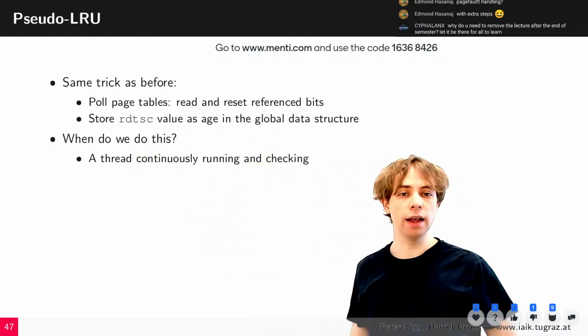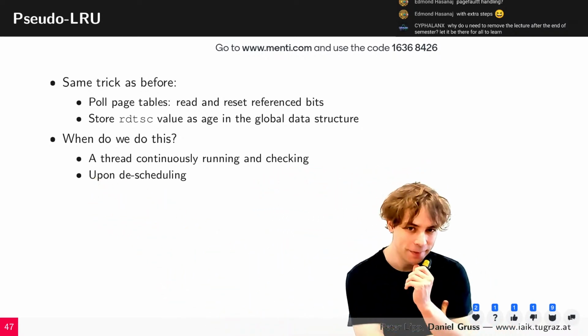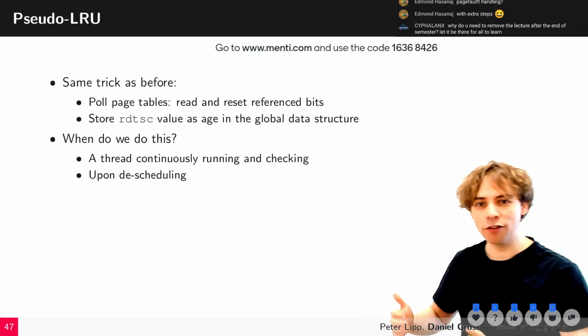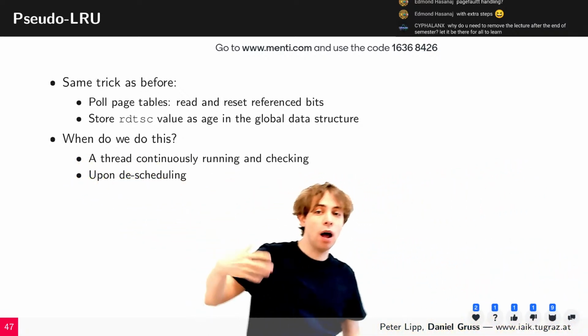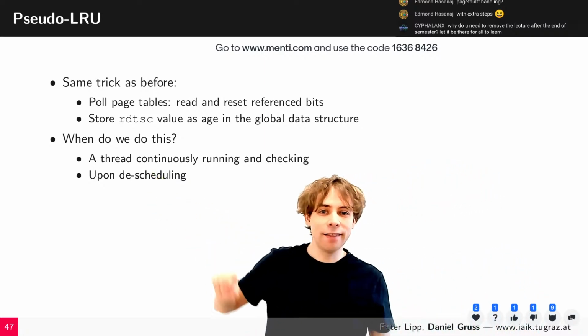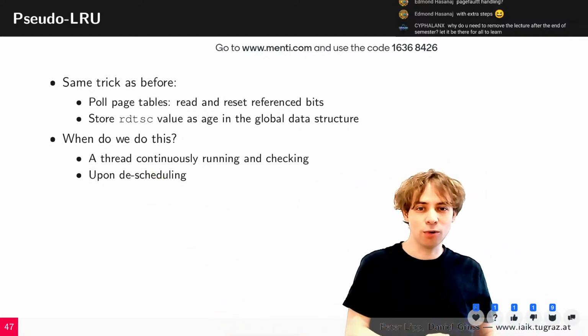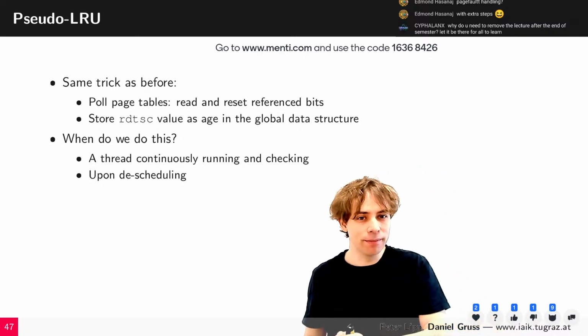Would be one option. Another option is whenever you deschedule a thread, and this is maybe a bit more clever, because if you run a thread, how would the thread know what to check? But upon descheduling, the thread that was just descheduled only needs to check through its own page directory.